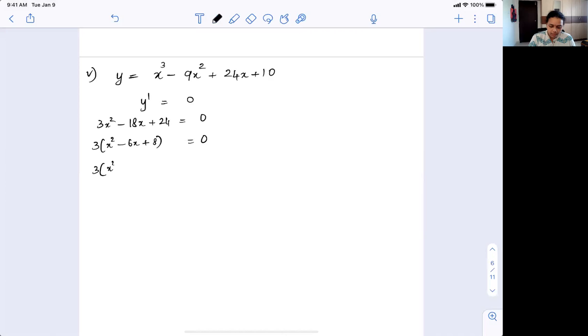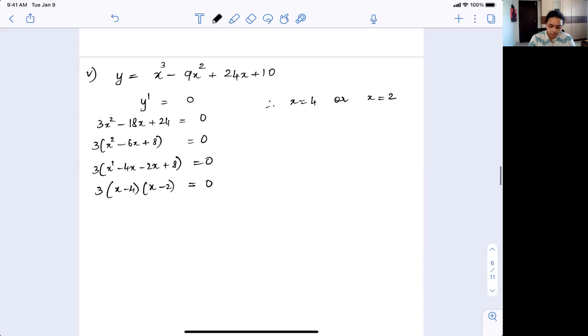This is x squared minus 4x minus 2x plus 8, which gives 3 times (x minus 4) times (x minus 2) as the factors. Therefore, x is equal to 4 or x is equal to 2.